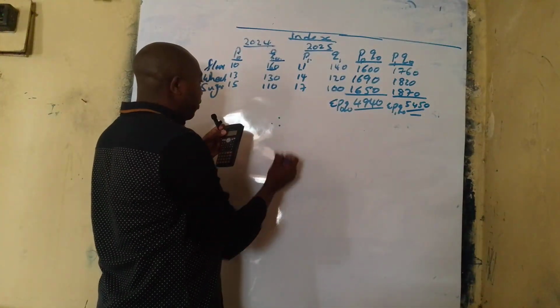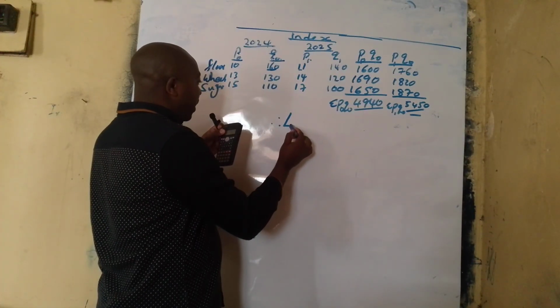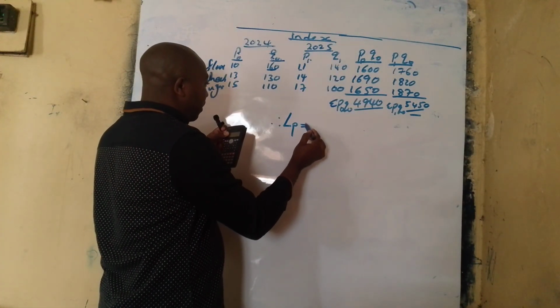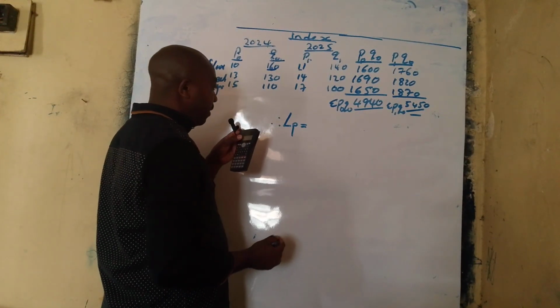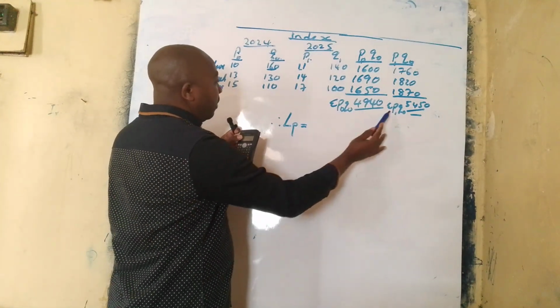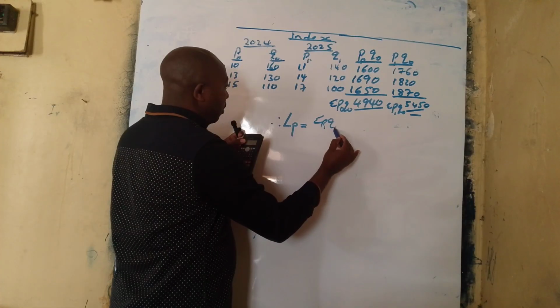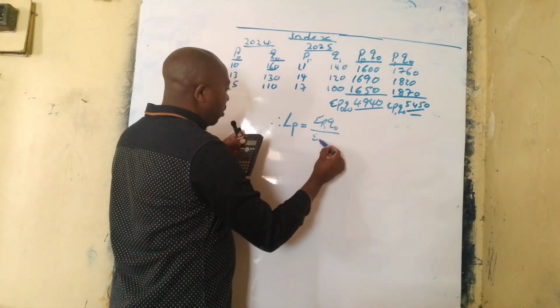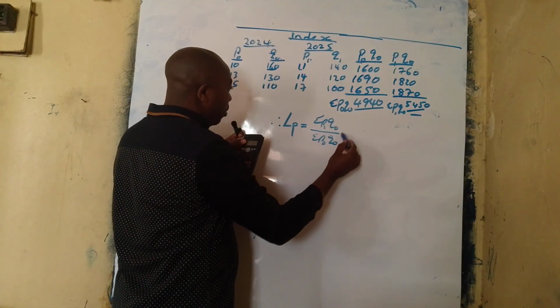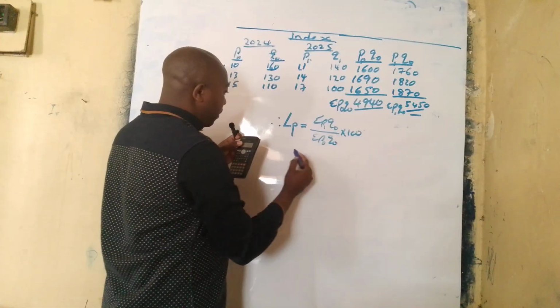Therefore, our Laspeyres price index is equal to, we said, summation P1Q0 all over summation P0Q0 times 100.